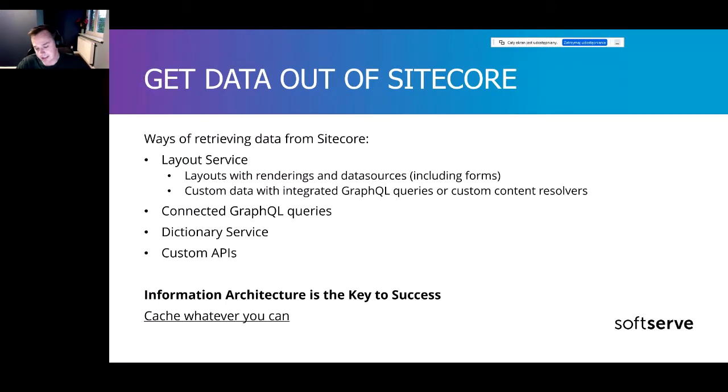Yes, because in Sitecore with GraphQL, you have a GraphQL server, and you have GraphQL client libraries, which are part of the JSS solution for React and Angular. So you can use the integrated one, which will be used as part of the layout service, or you can use the connected GraphQL queries, which you execute from your front-end application.